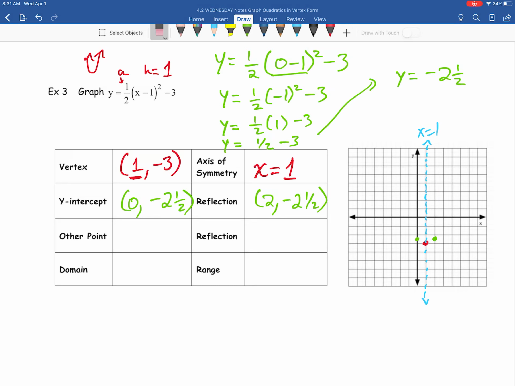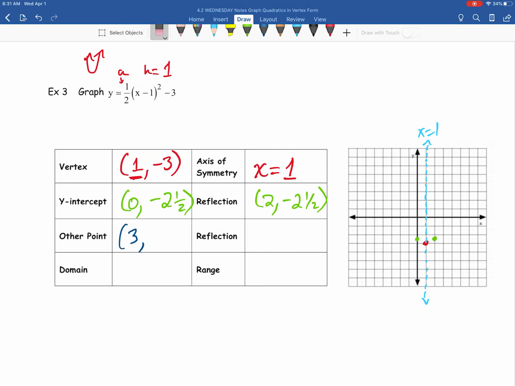Now we're going to go ahead and plug in another value of our choice. Maybe we'll just go with the next closest one. So we could use like 3 because we haven't yet used that. And then we'll do our little bit of GEMDAS to determine what that y value is. All right, so y equals 1/2 times 3 minus 1 squared minus 3.